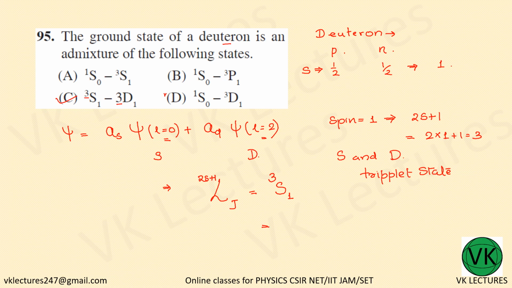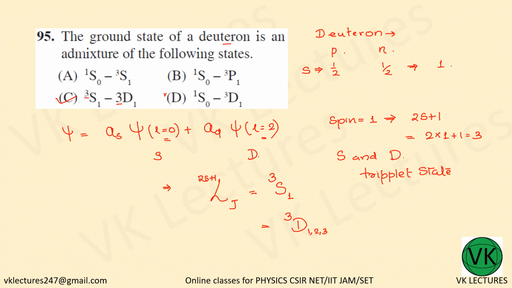Now for the second one, D, you have the triplet state 3 and corresponding values of J are 1, 2 and 3, either of these. So according to the options, you have 3S1 and 3D1 as the admixture of the state.